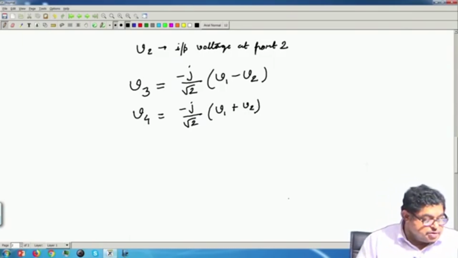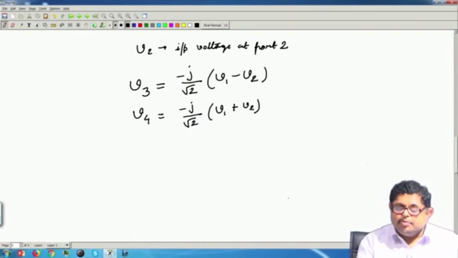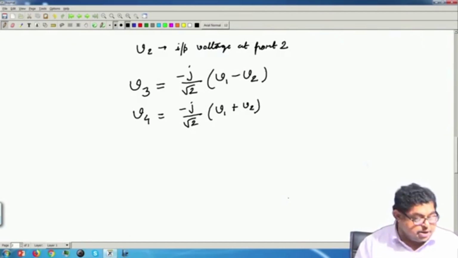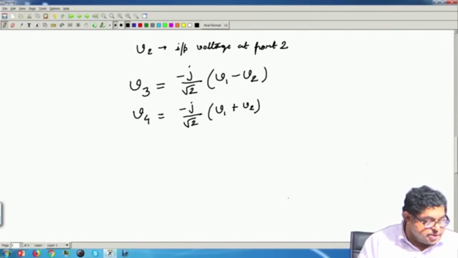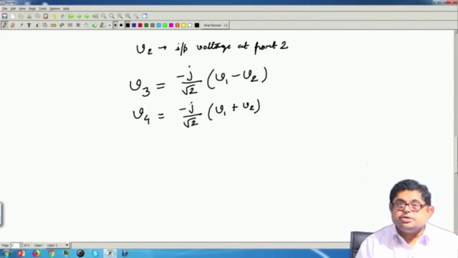Okay. So, depending on polarity convention of V 1 and V 2, V 3, V 4 may get interchanged, but we should always have that in one output port the signal is proportional to the sum, and in the other output port it is the difference. Now, the factor of root 2 is coming to make the power balance.